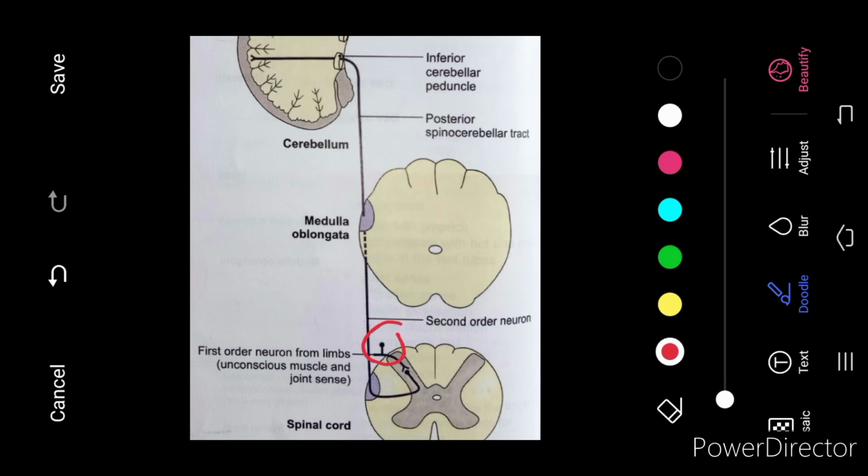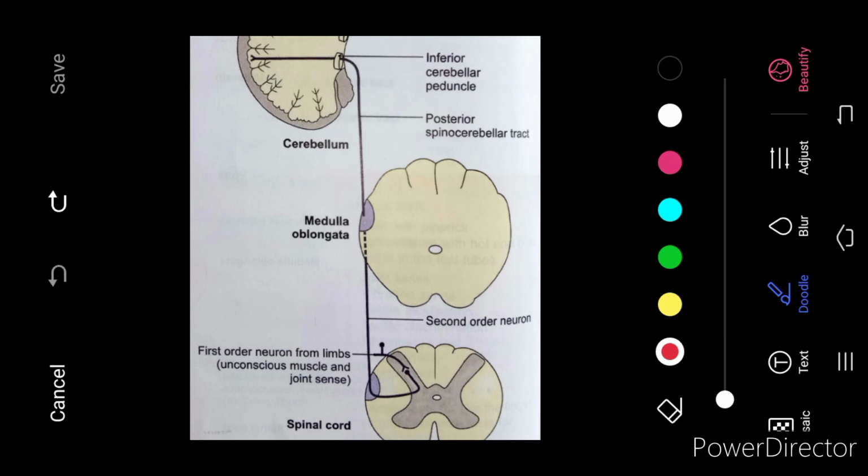After relaying in the dorsal root ganglion, they travel to the dorsal nucleus, also known as thoracic or Clark's column, which lies on the medial side of base of posterior gray column of these segments, which is the 2nd order neuron.